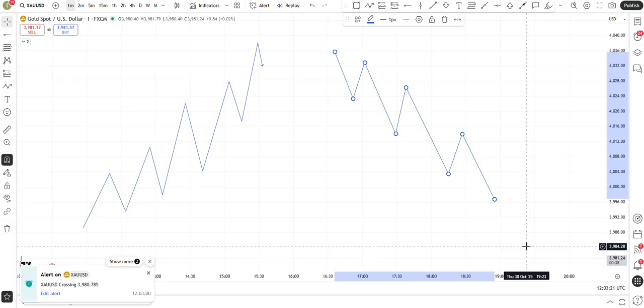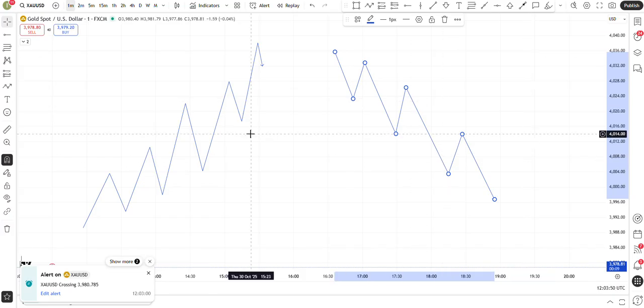If that low fails to do its job, it's viewed as a weak low, and the probability is, and this is a probability, it's not a guarantee, that that low will be ran. And by ran, I mean price will either break below that low or wick below that low and then continue on in an uptrend.